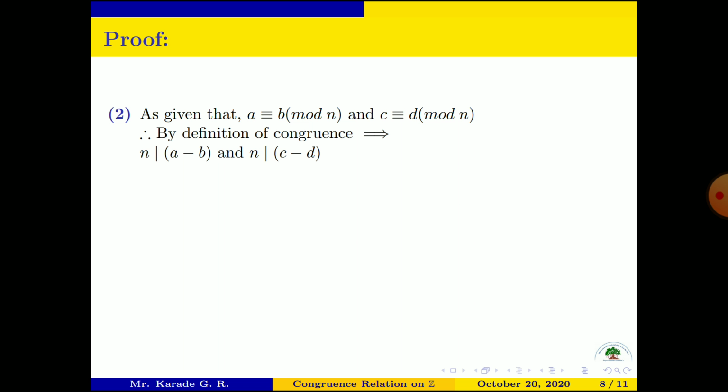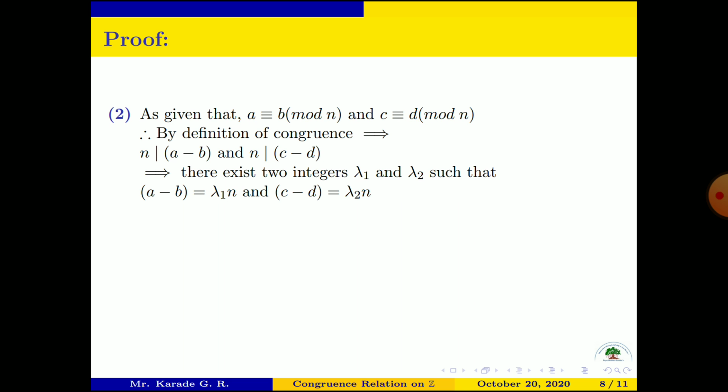Therefore there exist two integers, say lambda 1 and lambda 2, such that a minus b can be written as a multiple of n, and c minus d can be written as a multiple of n. Therefore a minus b is equal to lambda 1 times n, and c minus d is equal to lambda 2 times n.